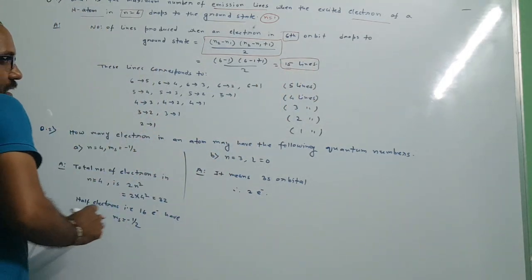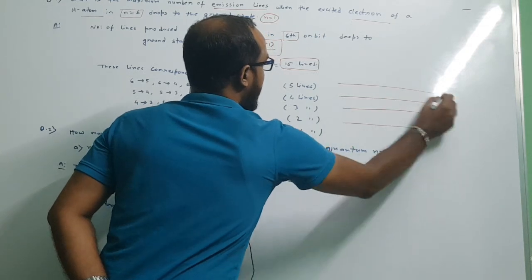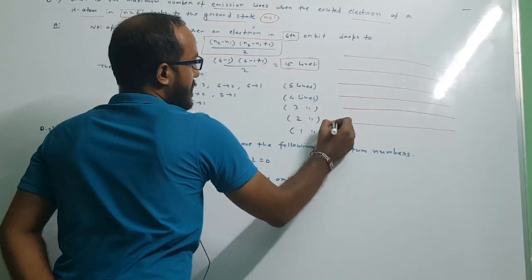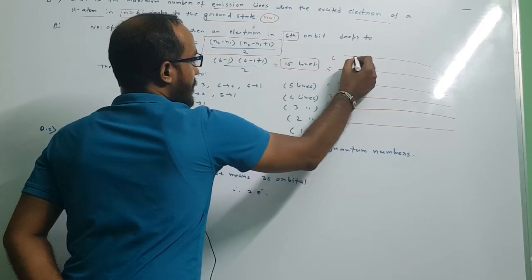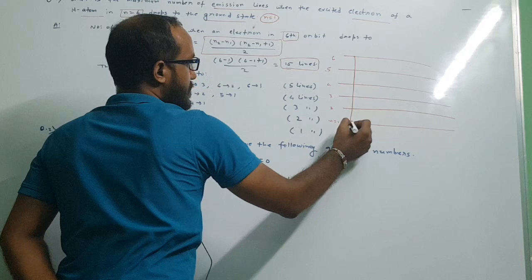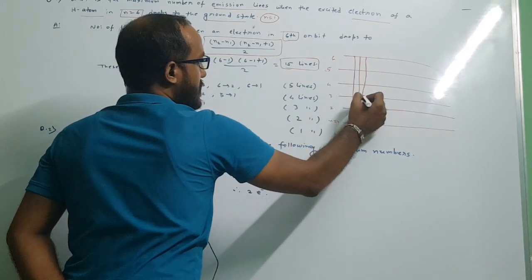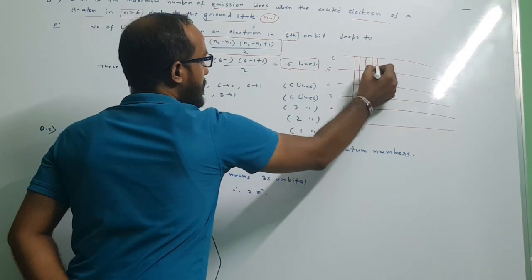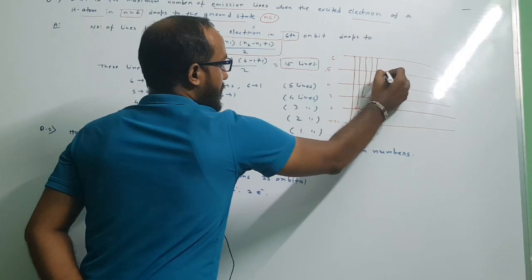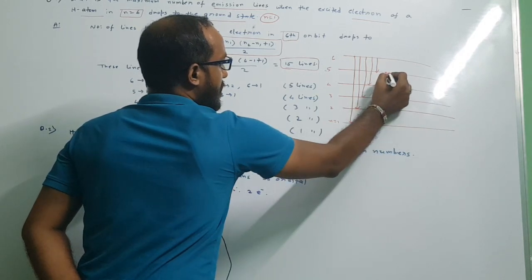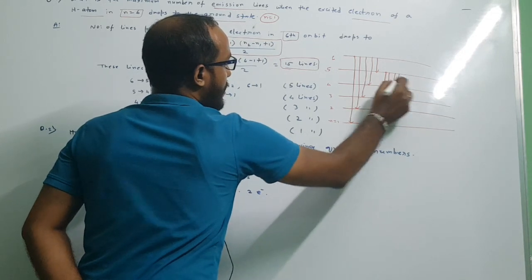So how can these 15 lines be? See, n equals to 1, 2, 3, 4, 5, 6. So the electron can jump from n equals to 6 to 1, 6 to 2, 6 to 3, 6 to 4, 6 to 5, that is 5 lines. Then it may have n equals to 5 to 1, 5 to 2, 5 to 3, 5 to 4 lines.